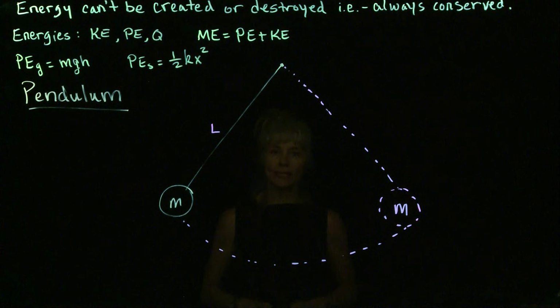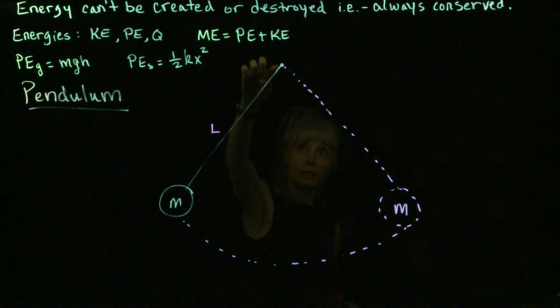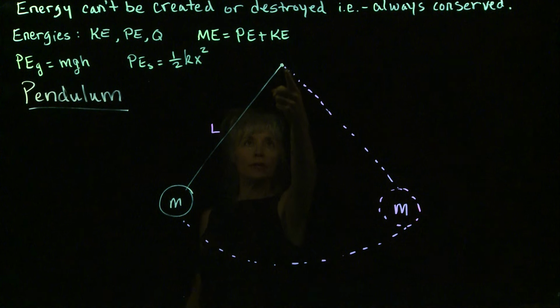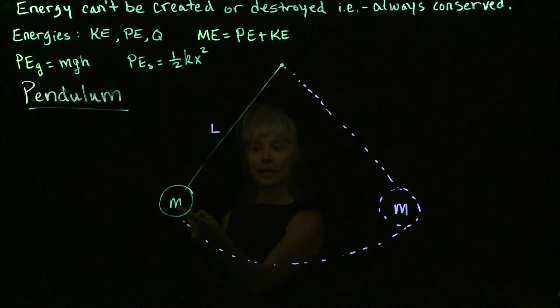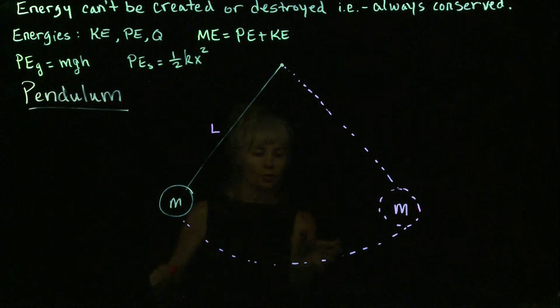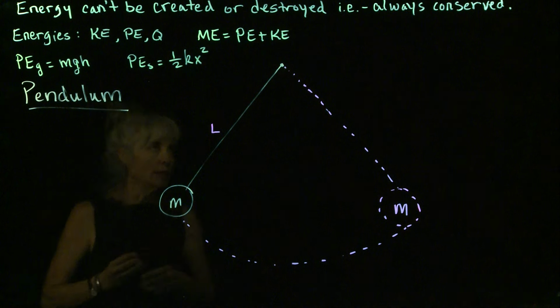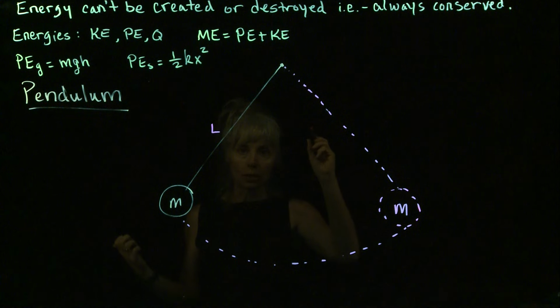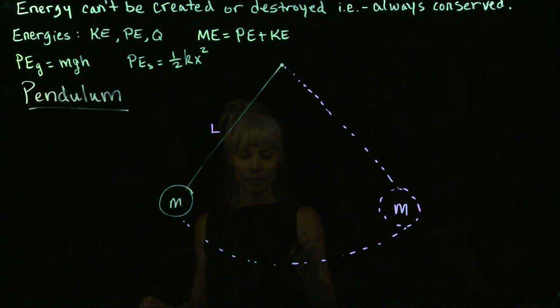Now focusing on the pendulum system, what I've drawn here is a pivot point at the top, and then there is a string of length L that is attached to a bob of mass M. I pull this mass away from its equilibrium position. And where is the equilibrium position of the mass? Well, the equilibrium position is right here.